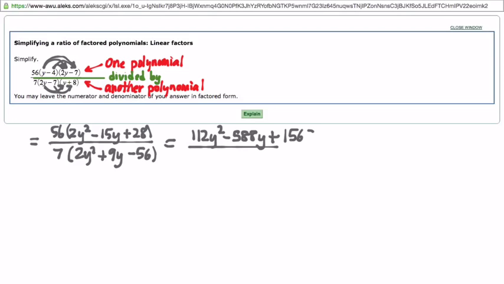You might have to double check my arithmetic. Then downstairs, 14y squared plus 63y minus 56 times 7, that's 350 plus 42, 392. All right, you should probably double check my arithmetic.